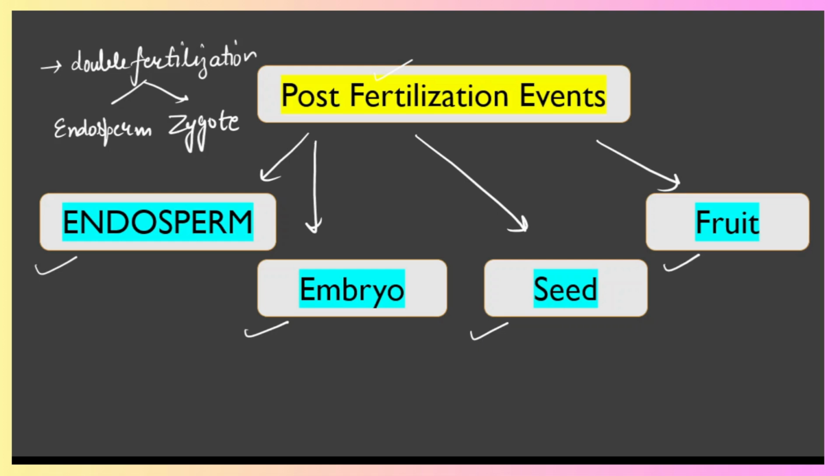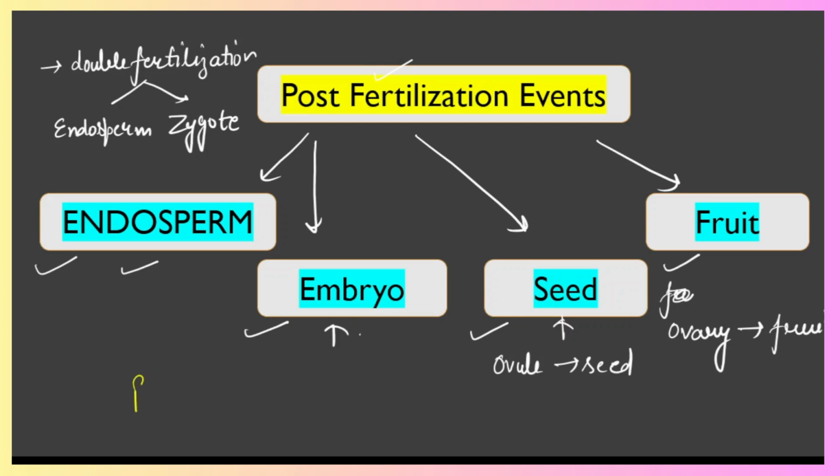The events of endosperm and embryo development and maturation of the seeds from the ovule, and maturation of the ovary to form the fruit, all come under the post fertilization events. One by one we will discuss in this class.